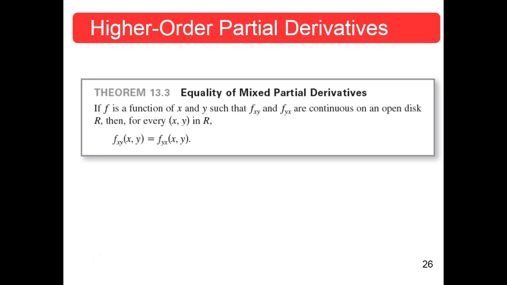For example, let me write this down. w is some function of x, y, and z, a function of 3 variables, and all the second partial derivatives are continuous on some open region R. Then at each point in that open region R, the order of differentiation of the mixed partial derivatives is irrelevant. If the third partial derivatives of f are also continuous, then the order of differentiation in the mixed third partial derivatives is irrelevant, as long as they're all taken to the same order.